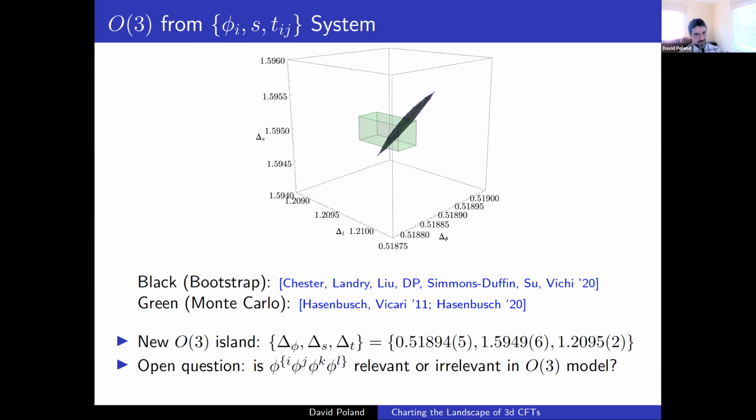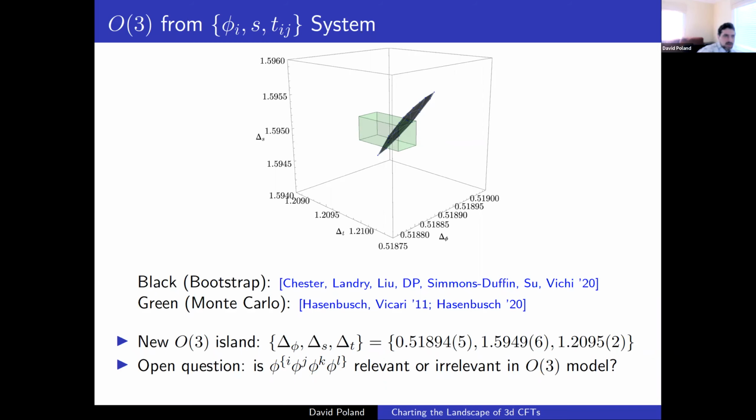We again have a 6-dimensional parameter space to search through, and we use this cutting surface algorithm to compute a 3-dimensional island in the space of allowed scaling dimensions. That again seems to have a similar size to the scaling dimensions which have been computed using Monte Carlo simulations, the most recent ones again by Heisenberg. And there's again very nice agreement.